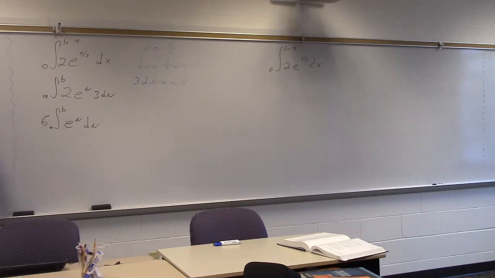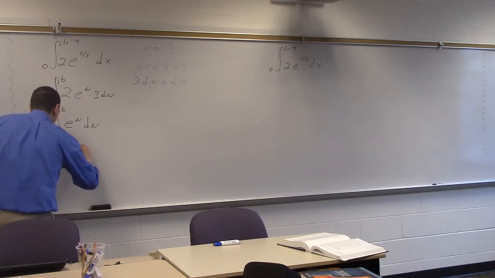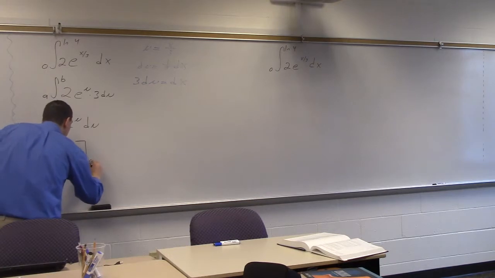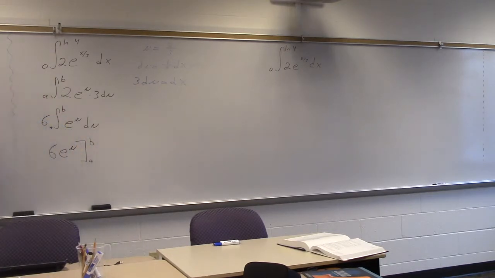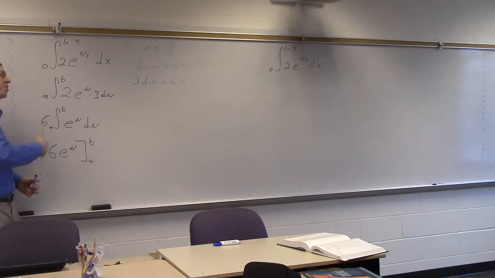We know the antiderivative of e to the u is e to the u. Surprise. So we're going to say 6e to the u from a to b. Okay, those are our dummy variables. Notice we don't have a plus c because it's a definite integral. The only time you use the plus c is when we're dealing with indefinite integrals.